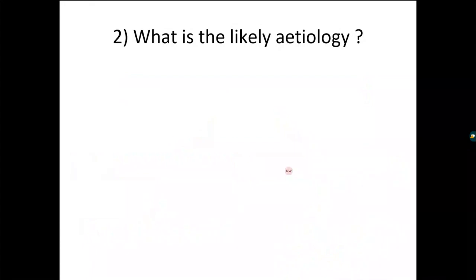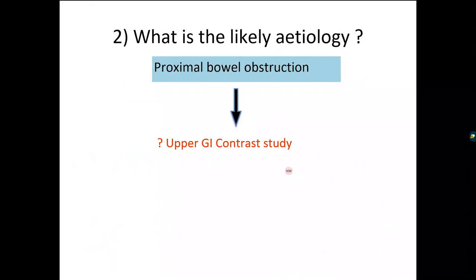So let's look at some examples of proximal bowel obstruction. As I told you before, the diagnosis of proximal bowel obstruction is made on clinical assessment as well as the plain X-ray findings. In certain cases, if you get a classic X-ray suggestive of a duodenal atresia, which is a double bubble appearance, you might not need any more investigations because that X-ray itself is pathognomonic.